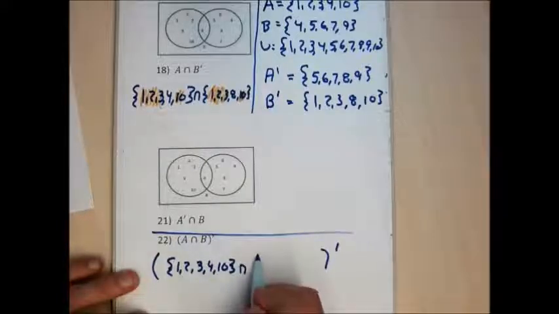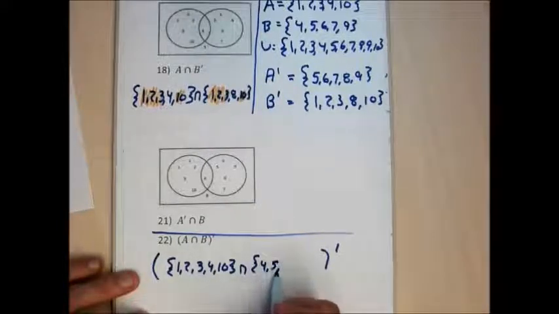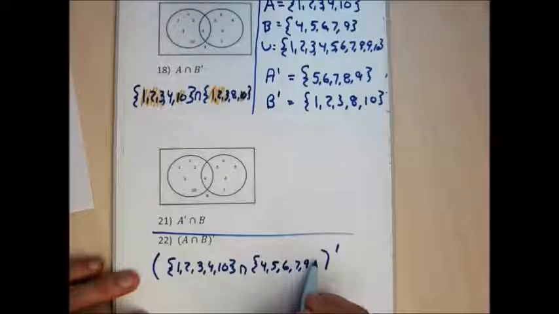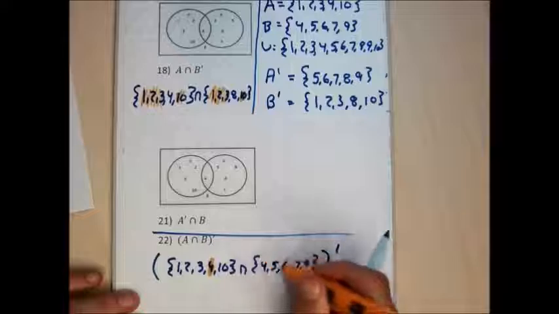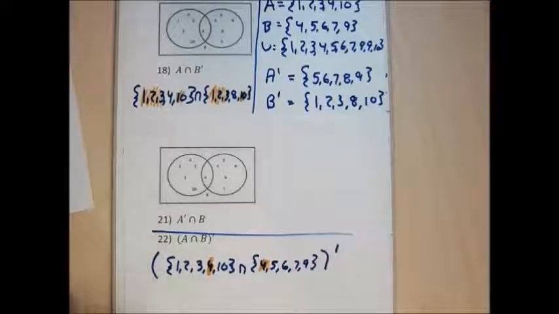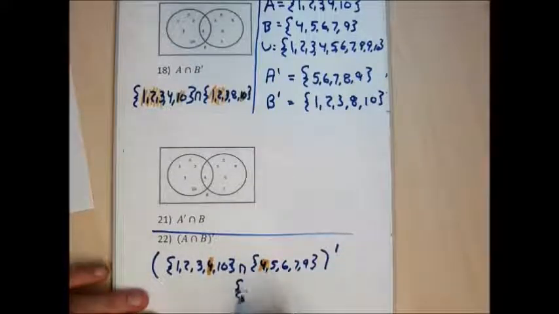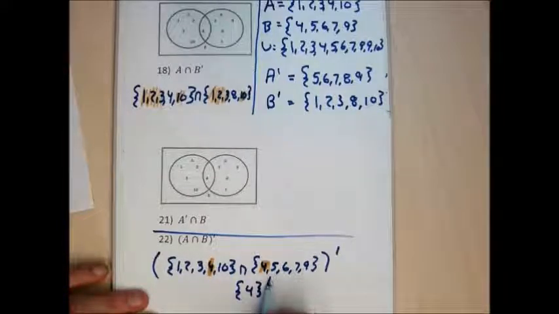And B is a set containing 4, 5, 6, 7, and 9. When I intersect these two sets, it's what these sets have in common. What these sets have in common is just the number 4. So I have the parentheses simplified to a single set.